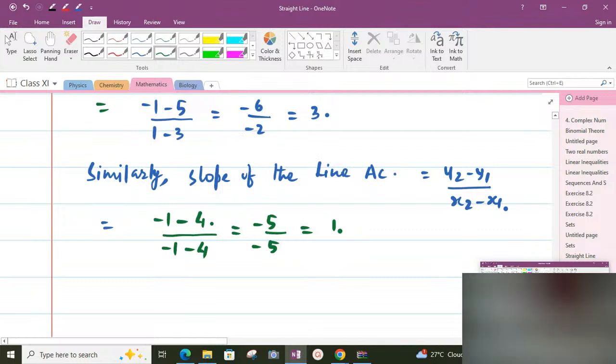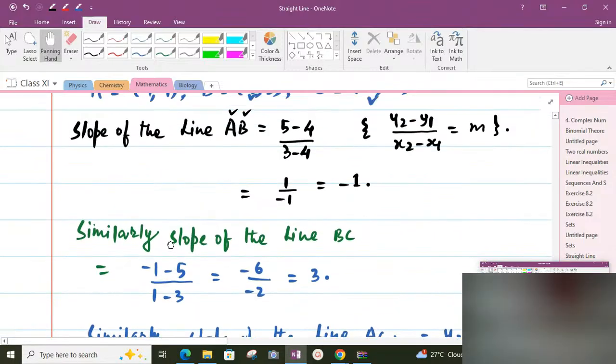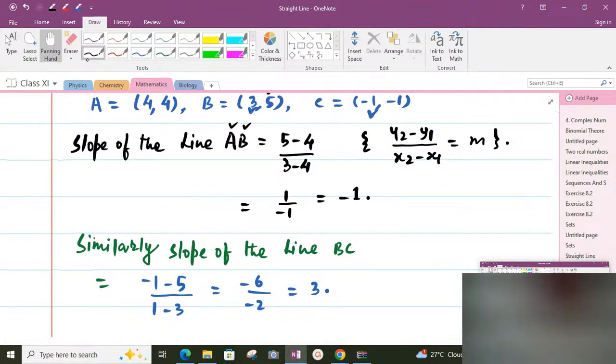So let's see here. The product of the slope of AC and AB is minus 1. So AB and AC are perpendicular to each other.